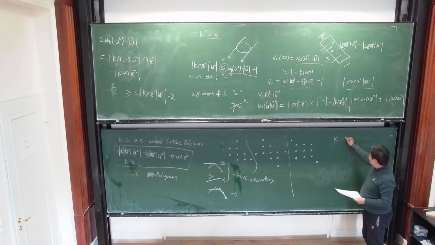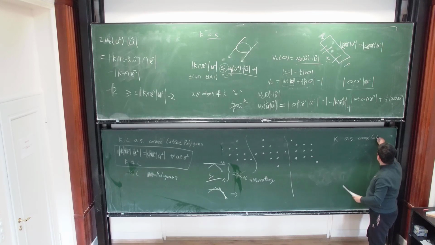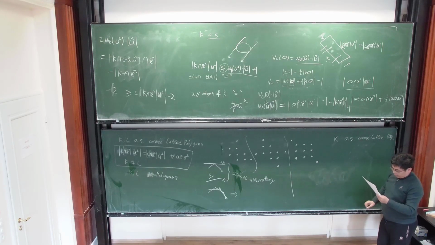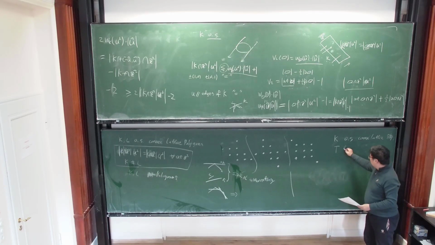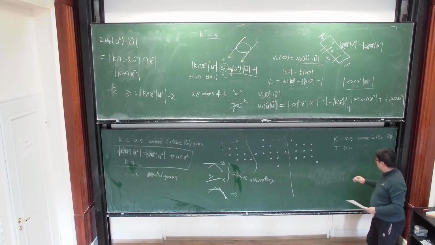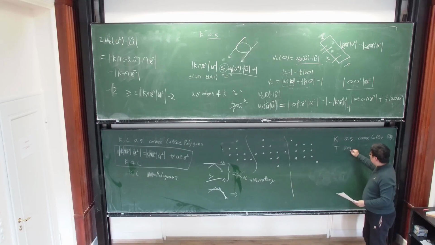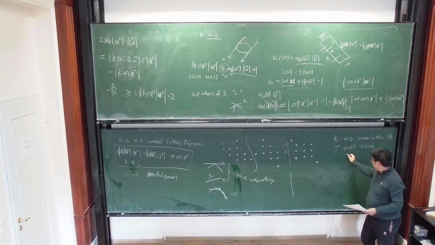K is an orthogonal symmetric convex lattice polygon, and you have a right triangle. So, for example, you have K here, and you have some right triangle T inside.